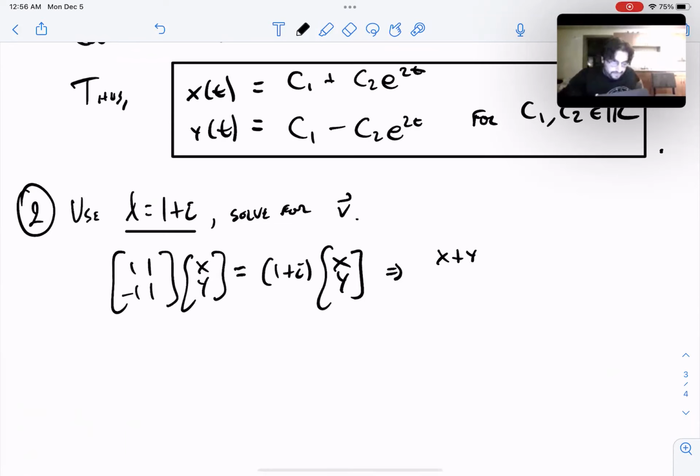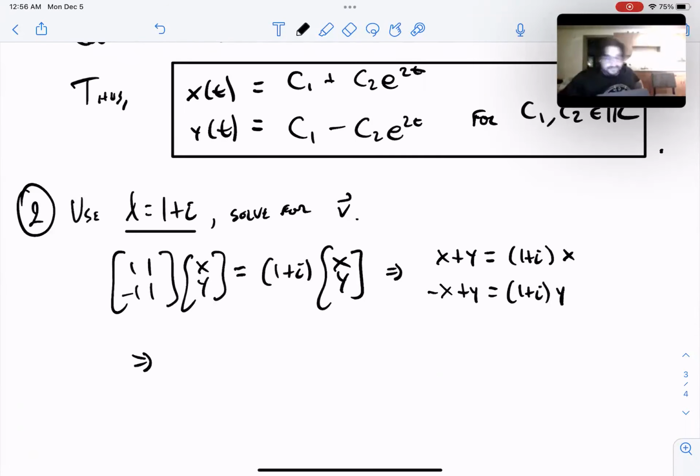So what do I end up with? x plus y equals (1 plus i) x. And we also get that negative x plus y equals (1 plus i) y. And again, if everything worked out, then we're going to have that these two equations are dependent, right? So what happens in the first one?